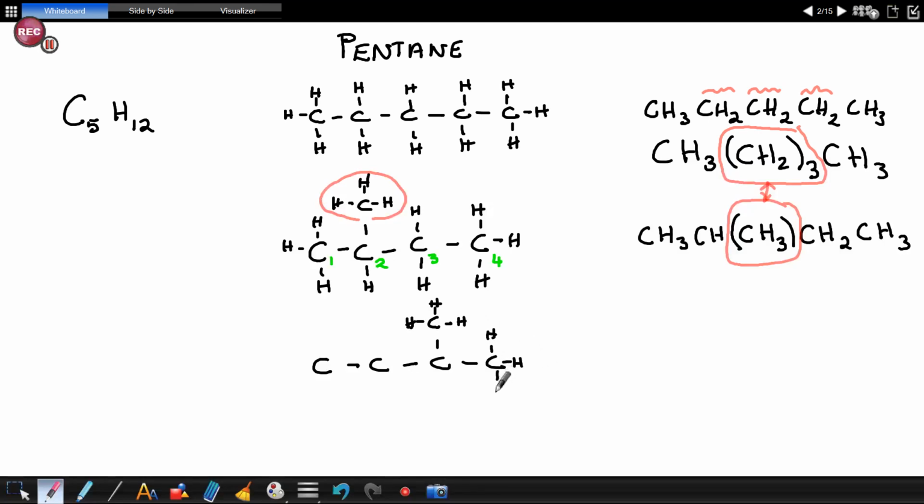You have to count the longest chain carbons so that the side chain will be on the lowest numbered carbon. So if that methyl is on the third carbon, then what they do is they count from this side. 1, 2, 3, 4.